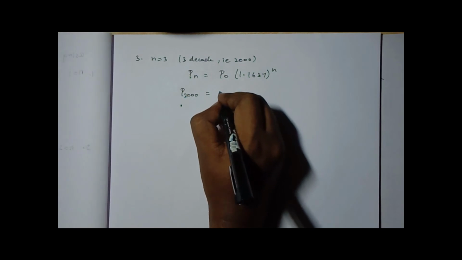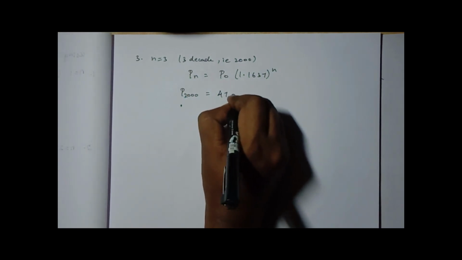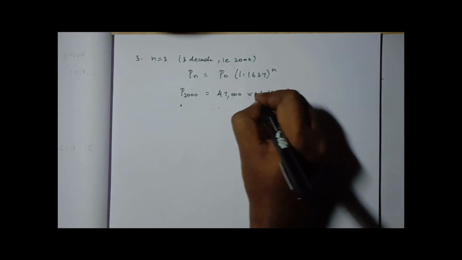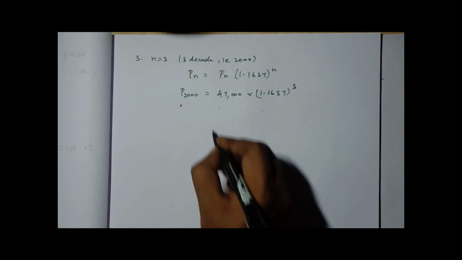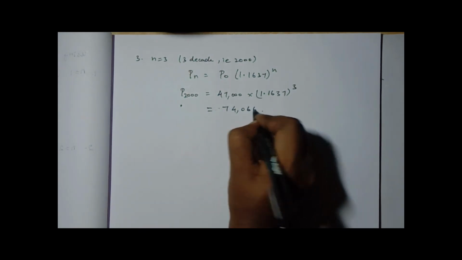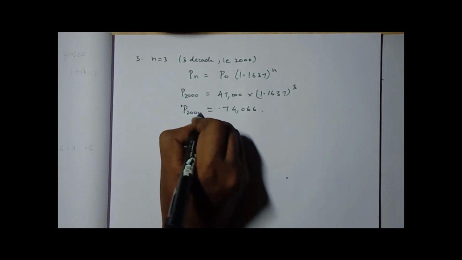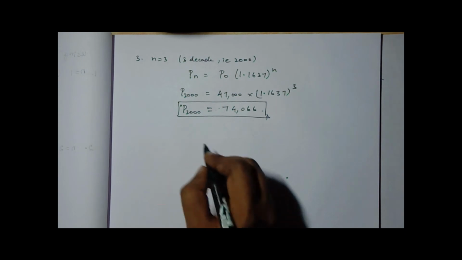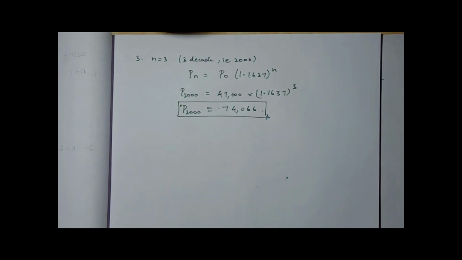P naught, the population, is 47,000 into 1.1637 to the power 3. So we'll get the answer as 74,066. So this is the population in the year 2000. So now the geometric increase method is over. We'll move on to the last method which we have seen in the question.